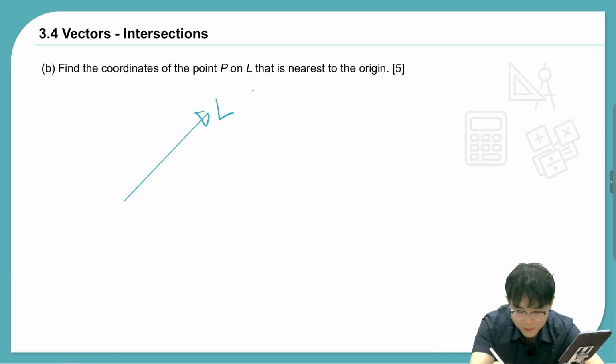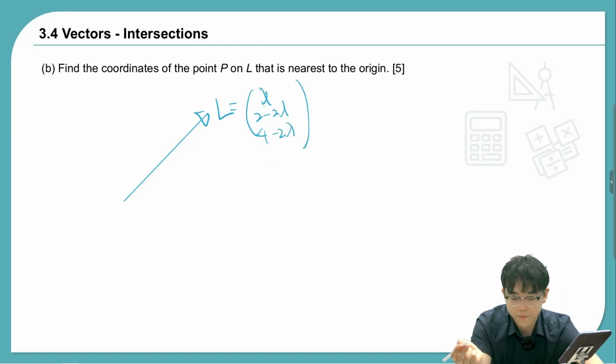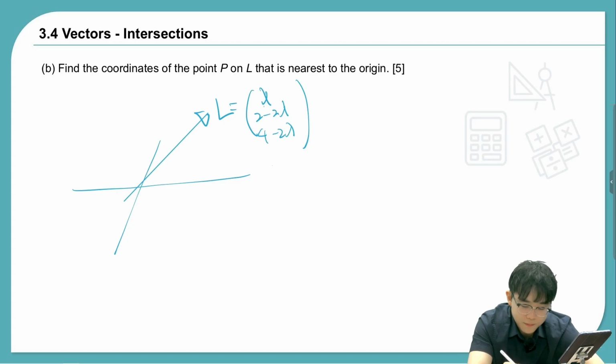Let's just think about how L is like lambda, 2 minus 2 lambda, and 4 minus 2 lambda, right? So for whatever value of lambda we have, we get a bunch of XYZs that represent line L. And let's also have an origin, right? So if you have like the X, Y, and Z axis, however that may be, we have our origin here.